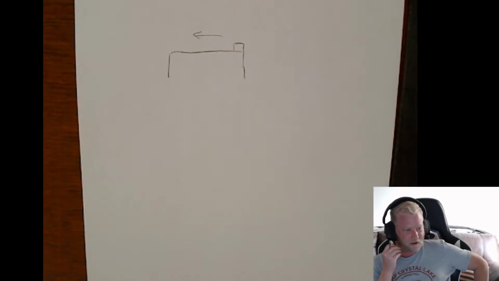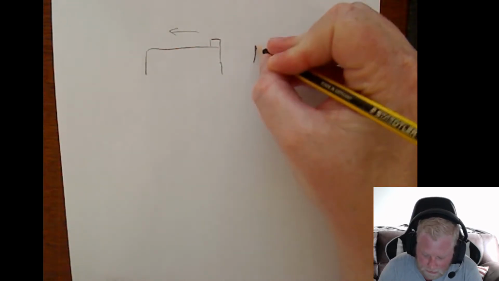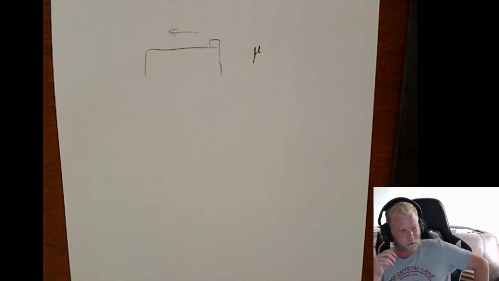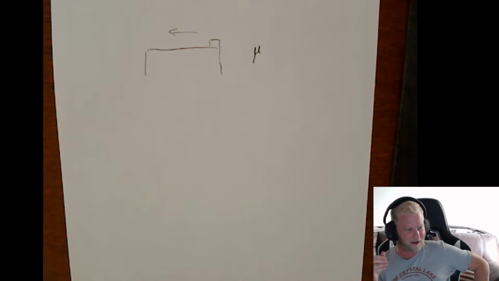And the coefficient of friction is what dictates the amount of friction between any two materials. Your coefficient of friction is represented by the Greek letter mu, right? So it basically looks like a U with a little tail in the front. It's one of those weird values in physics that does not have a unit.